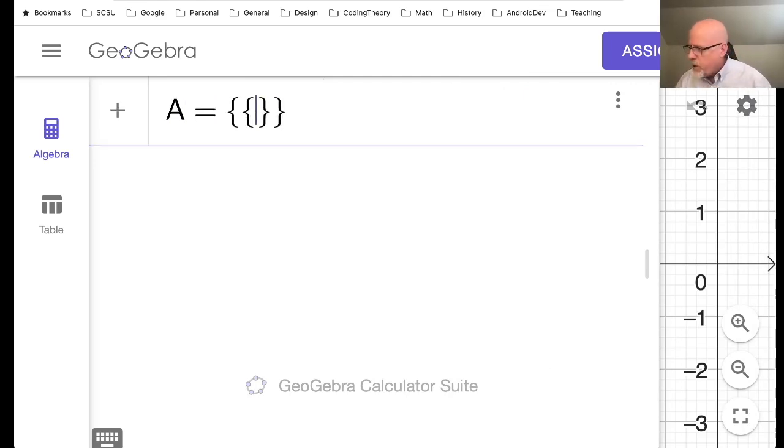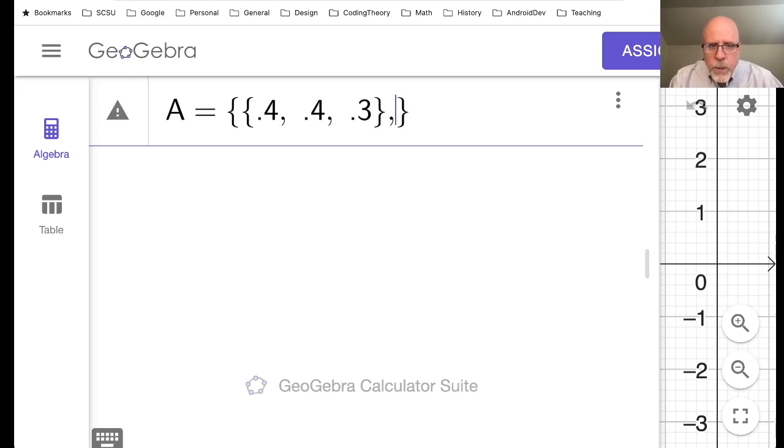Remember, use curly braces and comma-separated lists to do your matrix entry. So let's see, my first row of the IO matrix was 0.4, 0.4, and 0.3.